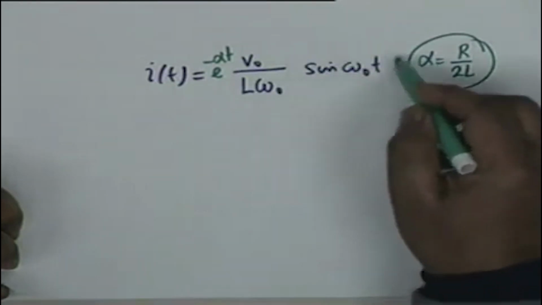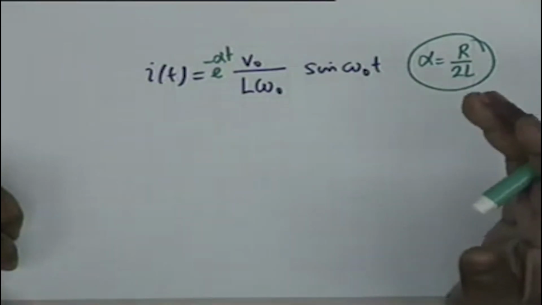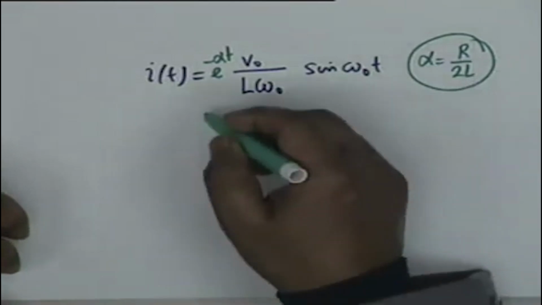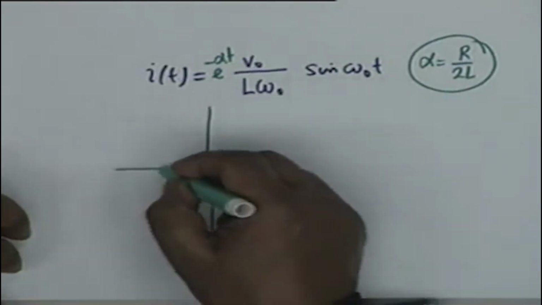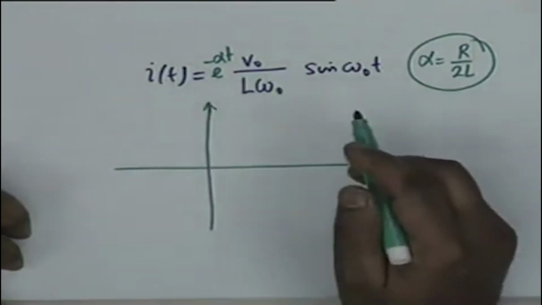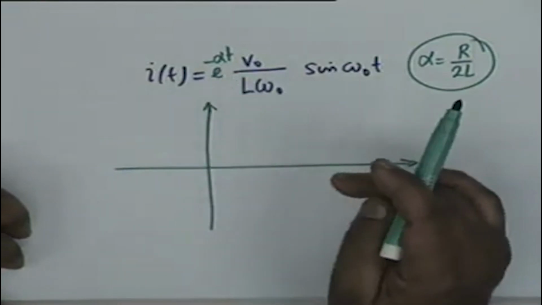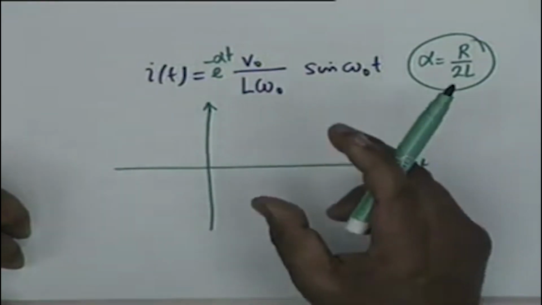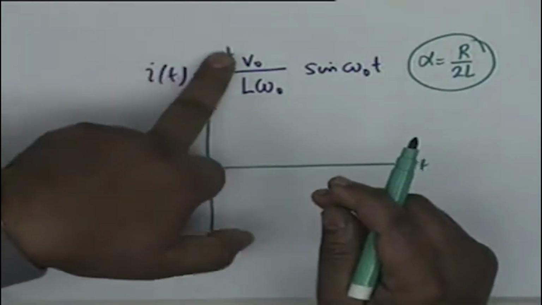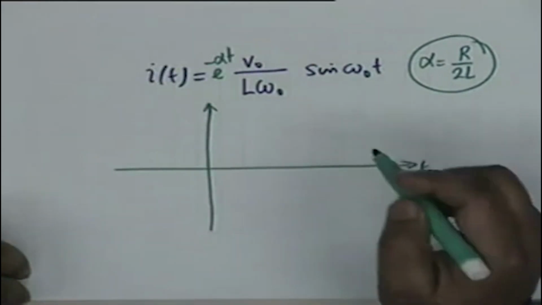The presence of sine omega 0 t means that it is the product of an exponentially decaying curve and a sine curve. Therefore, if I plot I of t versus t, the envelope of the curve shall exponentially decay, whereas inside there shall be a sinusoid. If alpha was 0, it would be a non-decaying sinusoid.